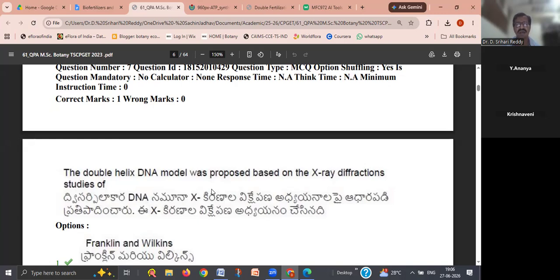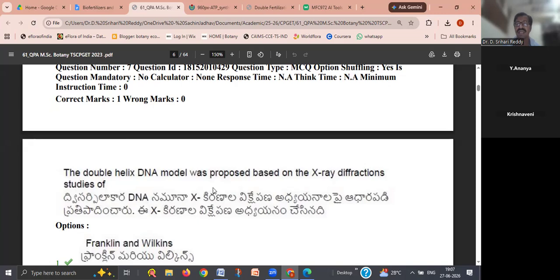Linus Pauling proposed the hydrogen bonds in the nucleic acids, and Chargaff's rule is also related to DNA: the number of purines equals the number of pyrimidines.